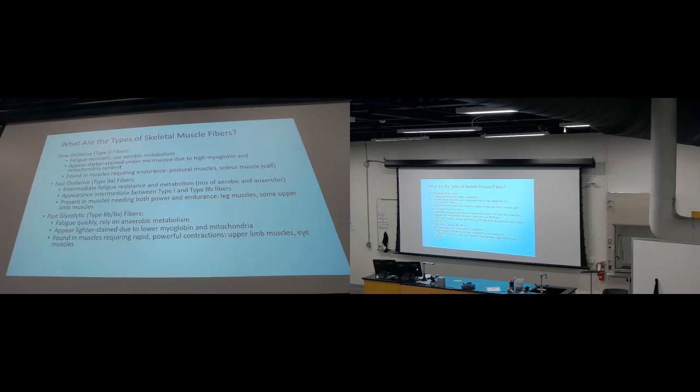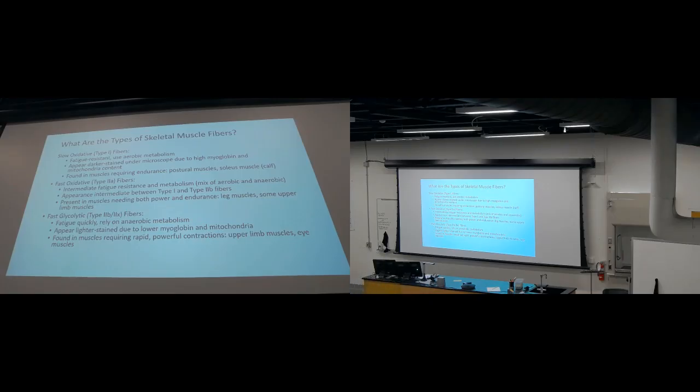Now, skeletal muscle fibers can be subdivided into different types depending on the metabolic activity. So we have slow fibers, or type 1, that are slowly oxidative. These fibers use aerobic metabolism, and they are resistant to fatigue because you have oxygen available.